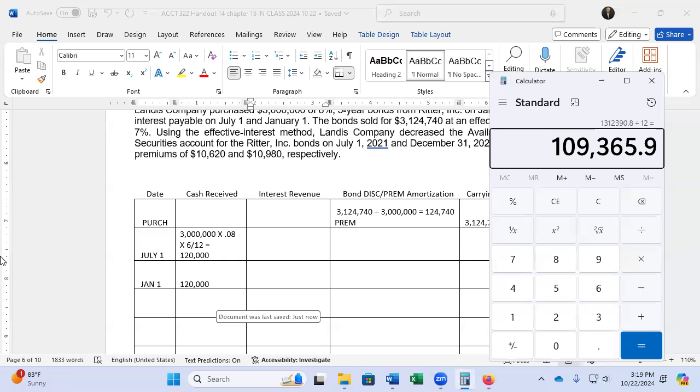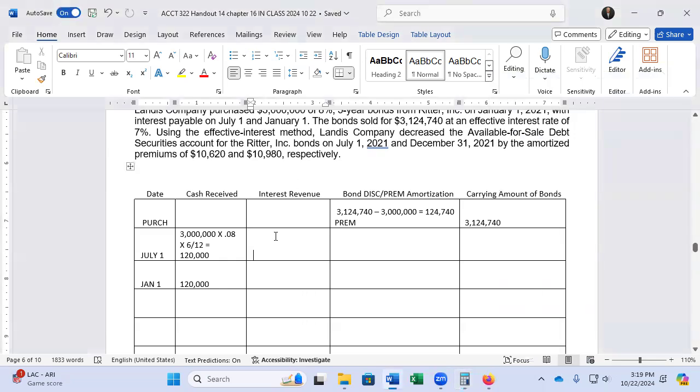Okay. So this can be done one of two ways. Because the information is given to you here, they tell you that they have the amortization of the discount. And so you have two ways that you can do this, and I'll illustrate them both separately. The first one would be take the 3,124,740 and multiply it by 0.07, and then multiply that by 6/12. And that'll give you 109,380 approximately.